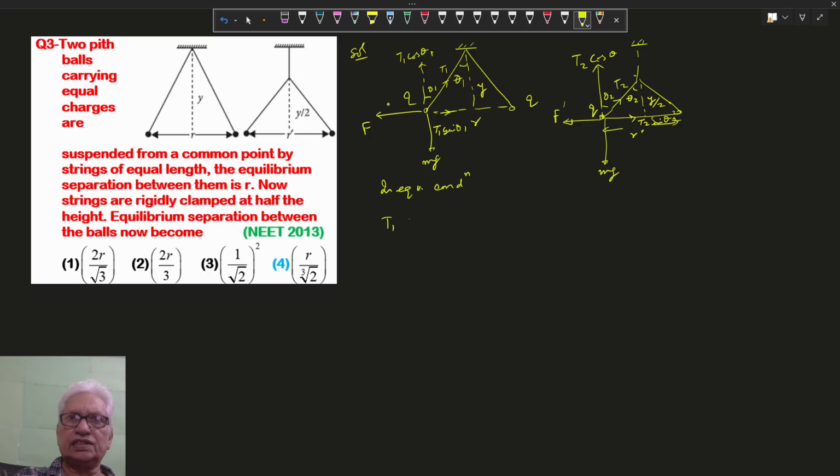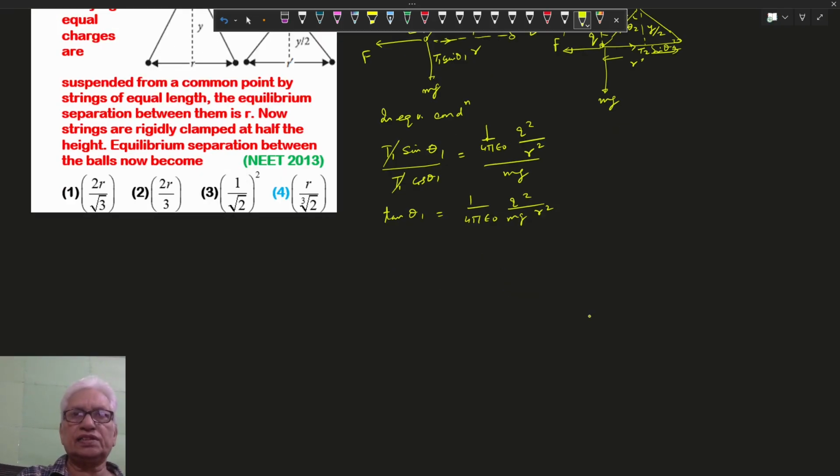T1 sin theta 1 equals F. F means 1 upon 4 pi epsilon naught q square upon r square, and T1 cos theta 1 equals mg. Dividing, tan theta 1 is given as 1 upon 4 pi epsilon naught q square upon mg r square.